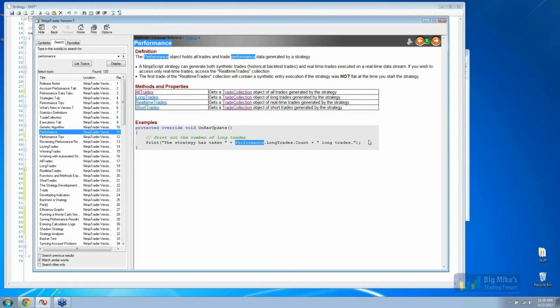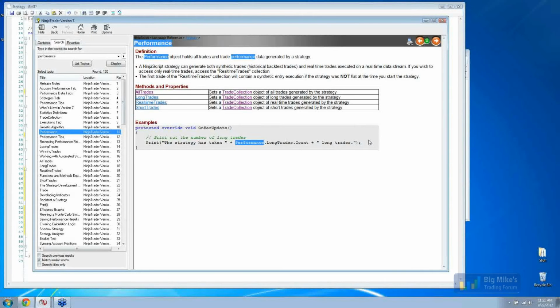And a trade collection is exactly what it sounds like. It's a collection of trades. And a trade object is, you enter a position and then you close out. From the trade object, we're able to get information like, hey, this trade made $100. That trade lost $50 or something like that.